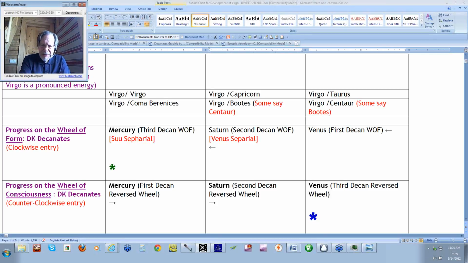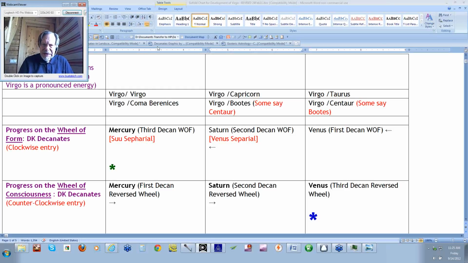Then they would have Venus, and then they would have the Sun. We don't want to get too intricate here. I think we're quite okay in choosing DK's assignments, which in this case are Alan Leo's assignments, and then perhaps reversing them.